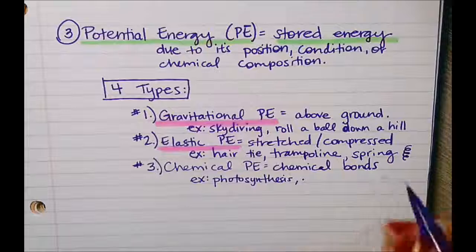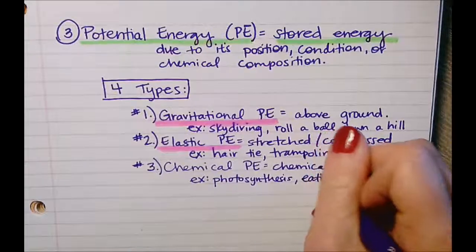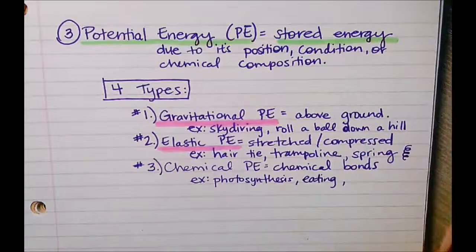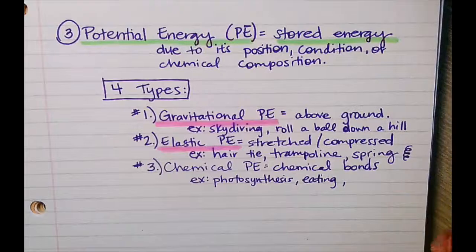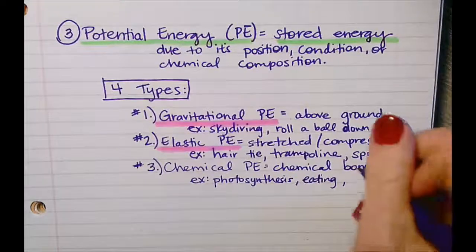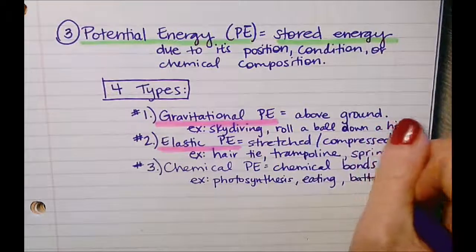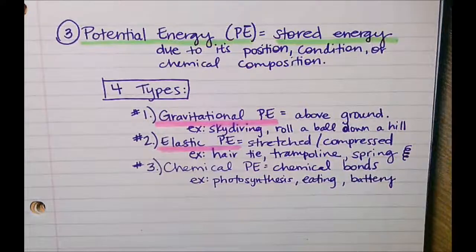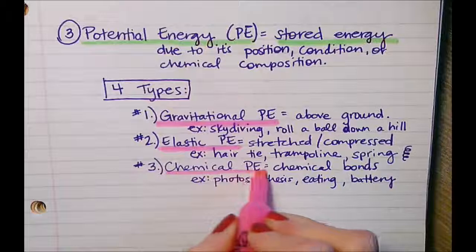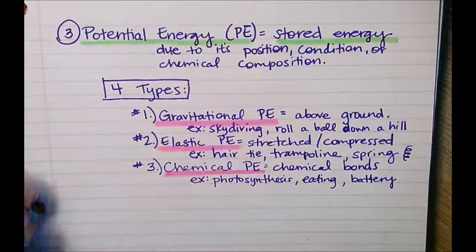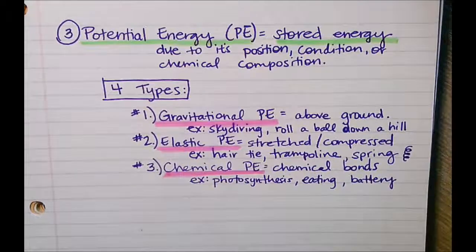If you are eating, that would be digesting. Your food is going to break down and give you that chemical potential energy. A battery is stored chemical potential. So when you have your remote for your TV, the batteries inside will give your remote the chemical potential energy it needs to operate.